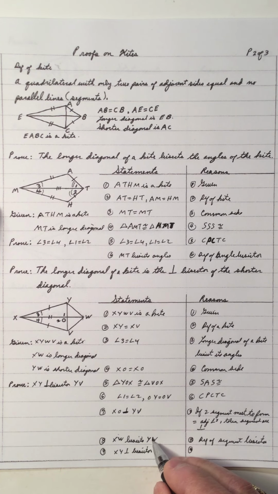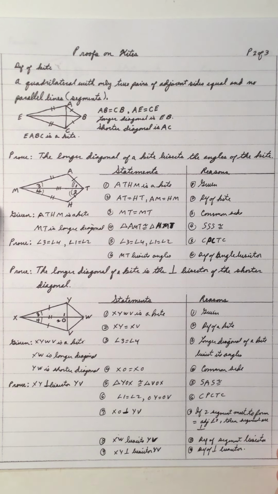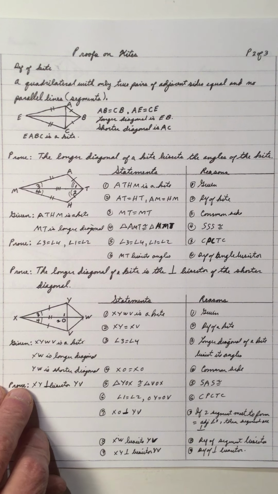That's a V there. I wrote it. Just got to be careful. Definition of perpendicular bisector. So that proof is handled okay.